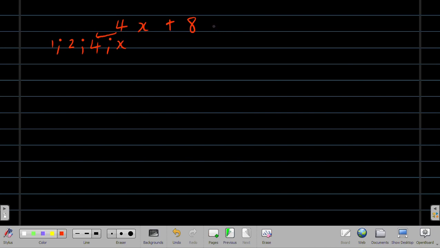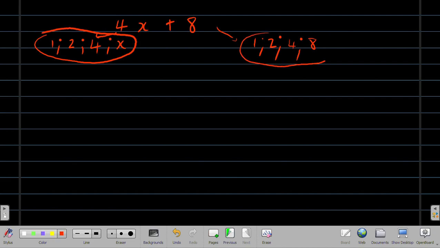And then we'll look at the factors of 8. It's going to be 1. Can it be divided by 2? Yes. Can it be divided by 3? Not really. Can it be divided by 4? Sure. Can it be divided by 5? Nope. Divided by 6? Nope. Divided by 7? Nope. Divided by 8? Yes. And these are our factors.